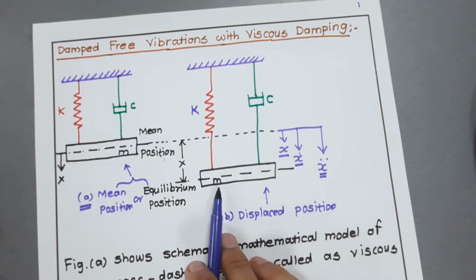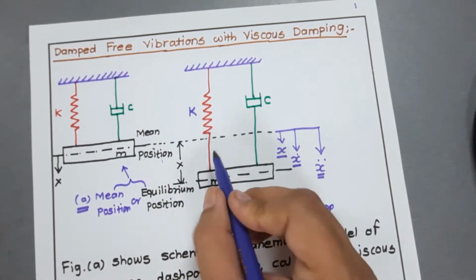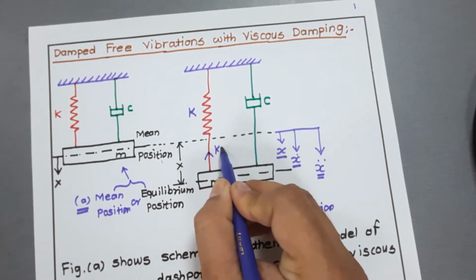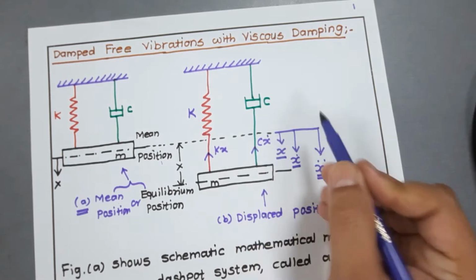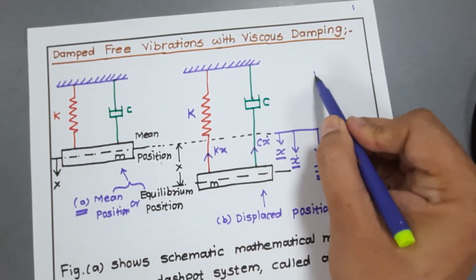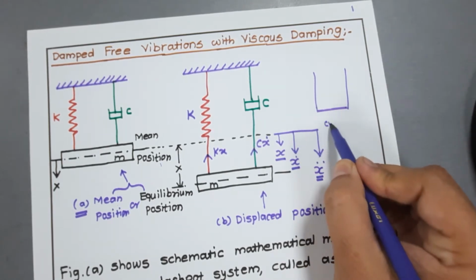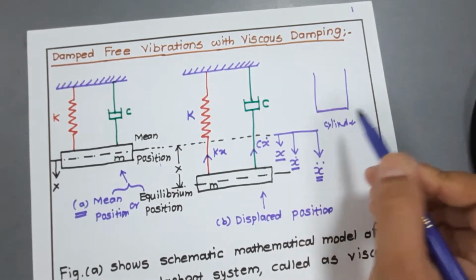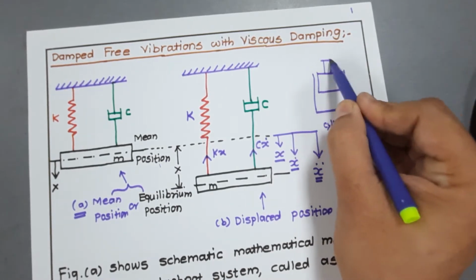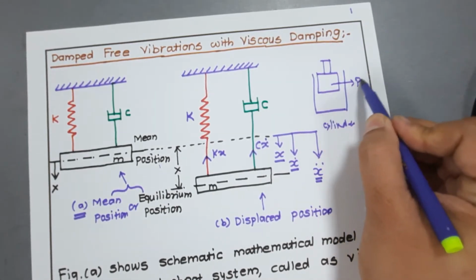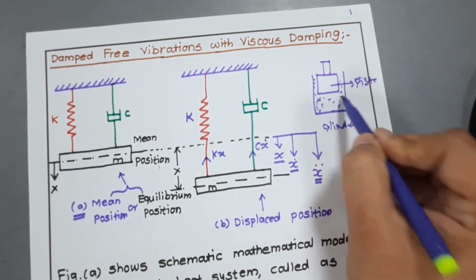So, for this, observe here, Kx will be the force in upward direction. Then here, Cx dot. Dear friends, as it is a spring damper, observe how it works here: this is your cylinder, this is your piston, and here viscous fluid is there in between them.